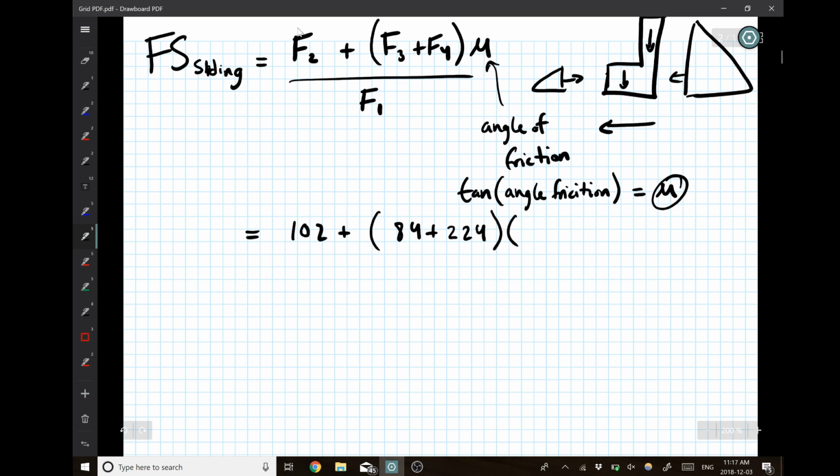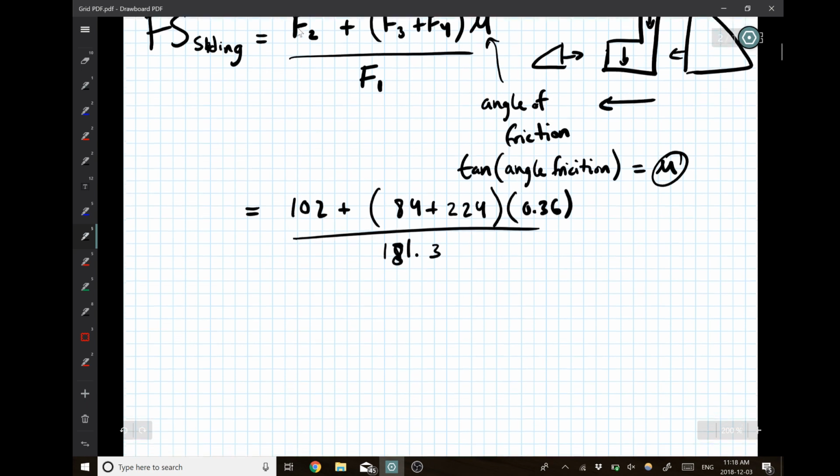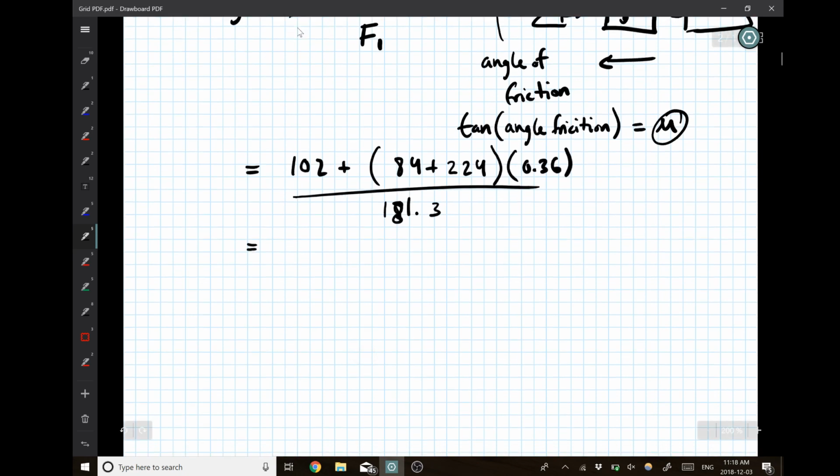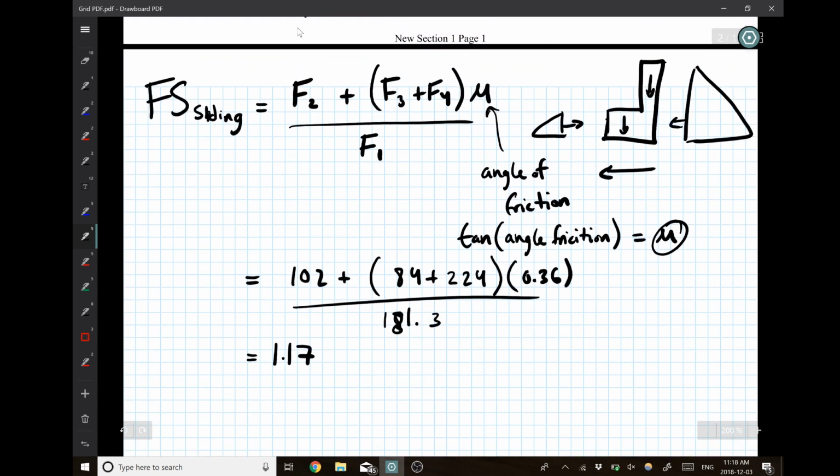And then we need to convert these from normal forces to friction forces by multiplying by our coefficient of friction, which is 0.36, all over 181.3, which is our force generated from our active force, which gives us 1.17 for our factor of safety for sliding.